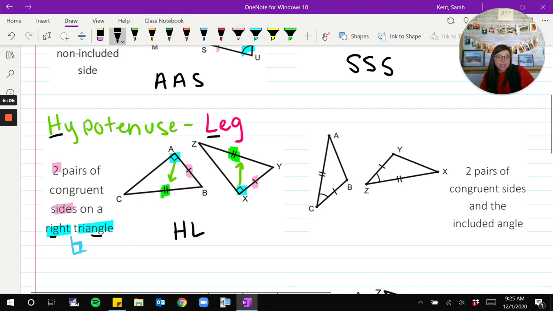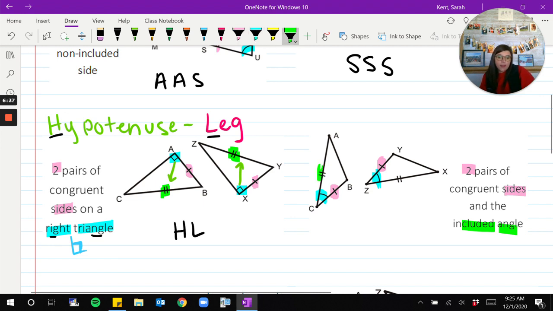All right, next we've got two pairs of congruent sides. So we're looking for two sides and the included angle. If it's included, that means it's going to be between our sides. If we look, I can see here is one tick mark. Then as I keep going, I can see there's an angle here.